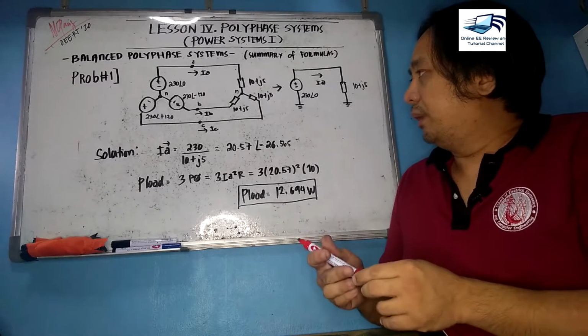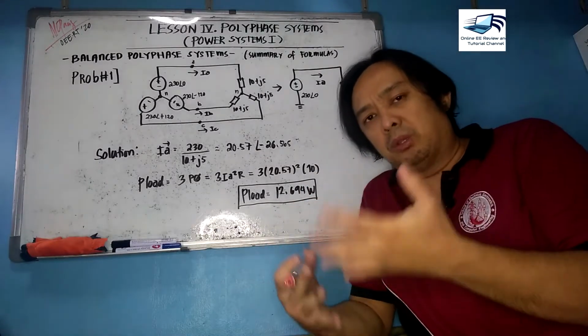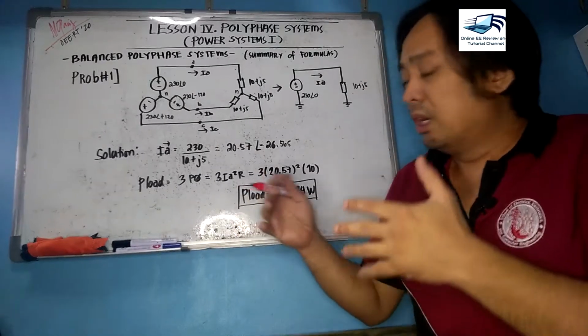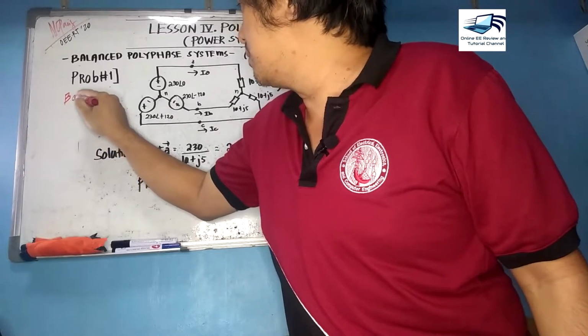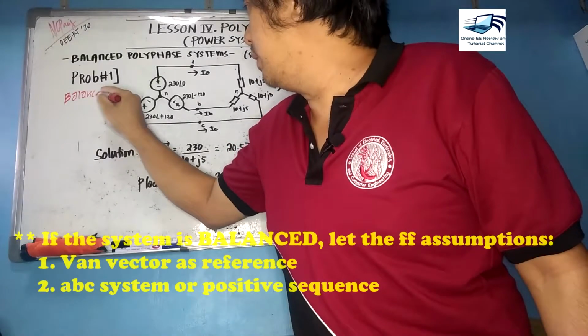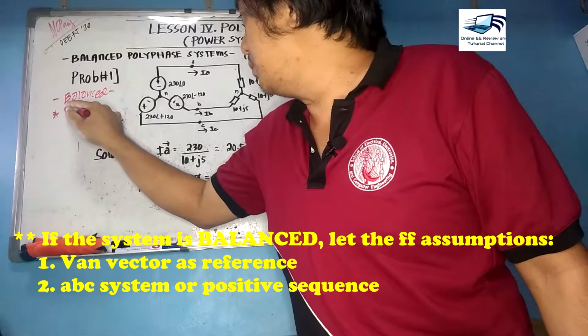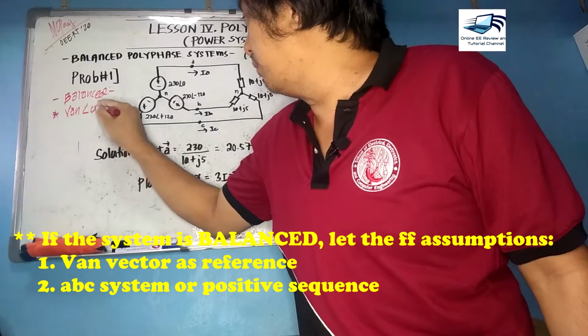Okay, first of which is we are given 230 volts, but there's no vector involved. When I say vector, it must have a magnitude and direction. If this is the case, and the system is balanced, we can assume the following. First assumption is you can have the voltage at AN as our reference.